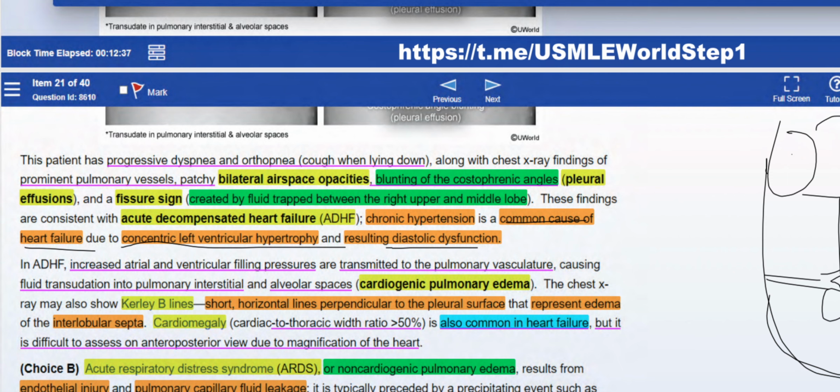Then we have Kerley B lines, which are short horizontal lines perpendicular to the pleural surface, representing edema of the interlobular septa. Cardiomegaly, with a cardiac to thoracic width ratio greater than 50%, is also common in heart failure, but it is difficult to assess on anteroposterior view due to magnification of the heart.